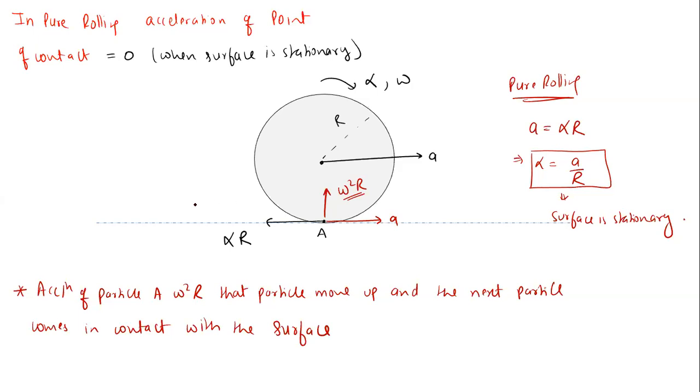Okay, one more thing we'll discuss. Suppose another case, where the plank is moving with velocity v1 and acceleration a dash. Now suppose this body is moving with velocity v, rotating with angular velocity omega and angular acceleration alpha, radius r. Then what is the pure rolling condition for this case? In this case, the acceleration of the plank, that is a dash, must be equal to the acceleration of the point of contact.